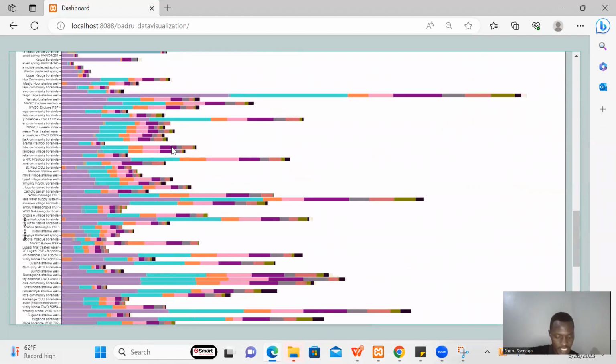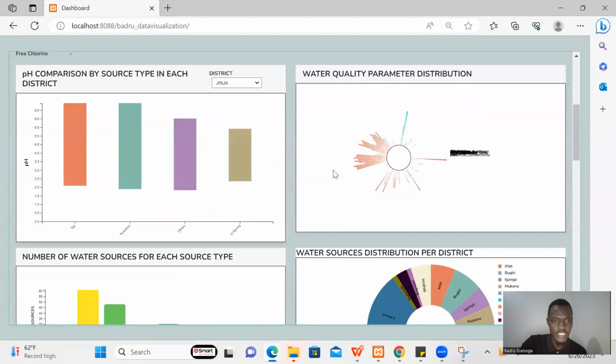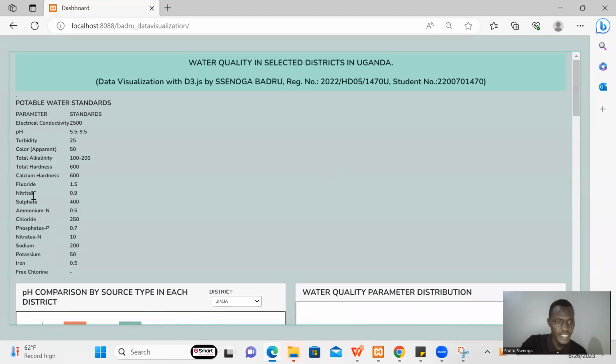And from my findings, I realized that fluoride, which has a standard of 1.5, had 4 sample points over 1.5. Then for nutrients, the standard is 0.9, and I realized there were over 18 sample points that had 0.9 and above.